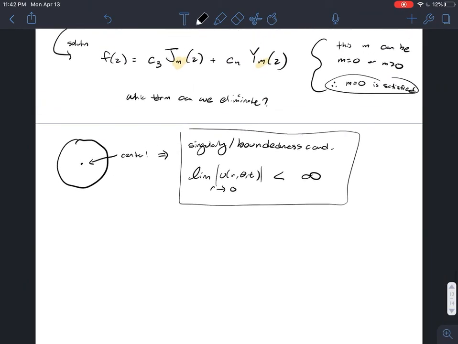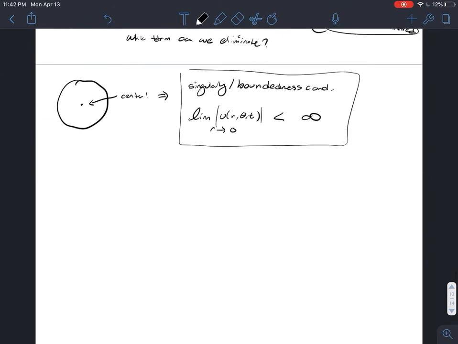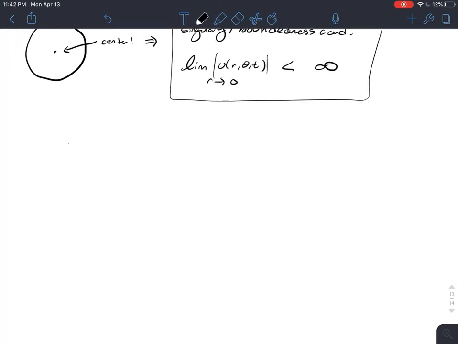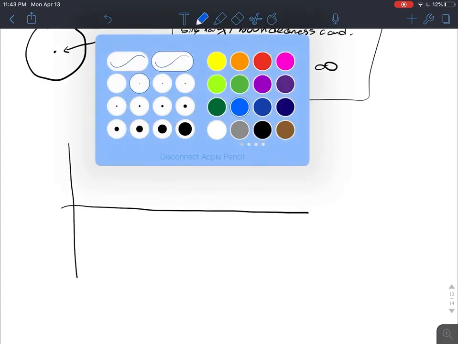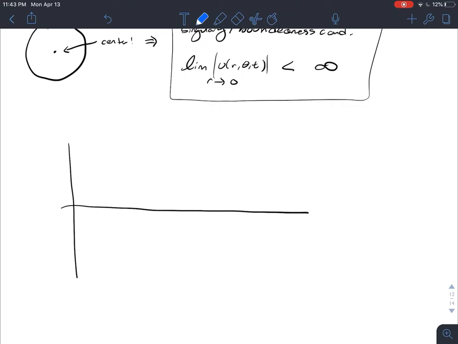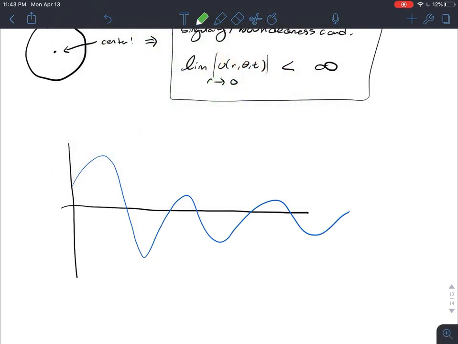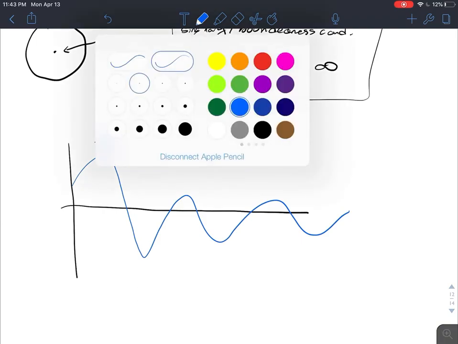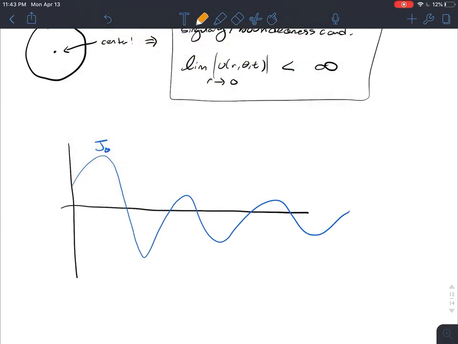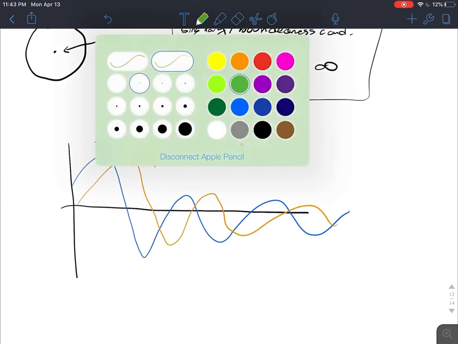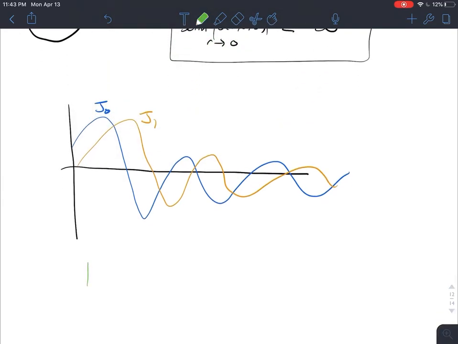So just to quickly review what the graphs of J and Y look like. J sort of looks like this. So let's say that's J0, and then J1, clearly not drawn to scale, and then let's draw Y0.